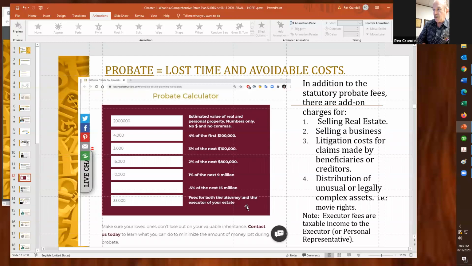I chose this one because it gave a better example. But you could do a Google search for probate California calculator, because everything you do with wills, trusts, and estates, you're in California. And when you get national text or national advice and things like that, generally it gets changed once you look at California.